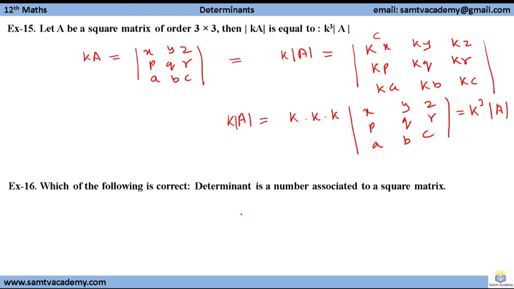So it is a number that will give a single value, the single value of that determinant. And we know that we solve the determinant only for a square matrix. That can be a 1 by 1 matrix, 2 by 2 matrix, 3 by 3 matrix, 4 by 4 matrix.